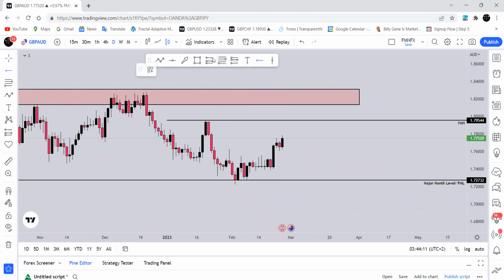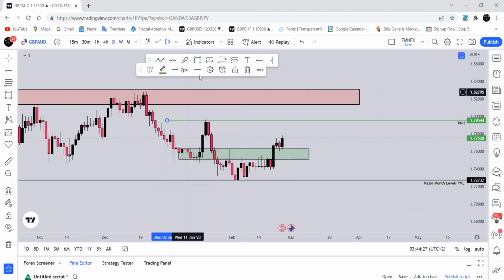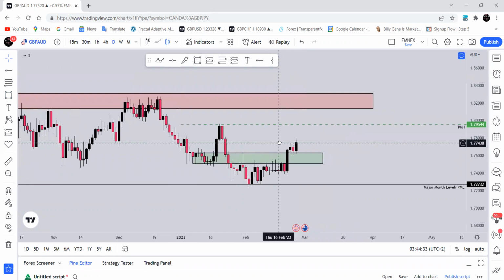We got a break of structure. Got a clean break of structure of the zone and then a retest right there, and then you're taking off. So I'm going to make this line green for take profit. And I do like to do a dotted line for my take profits. So we're going to keep that there.